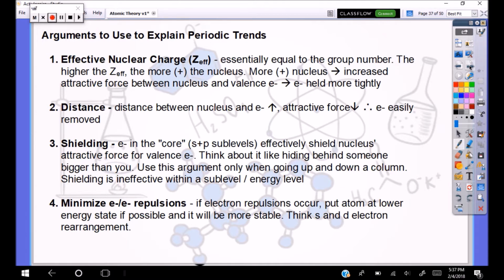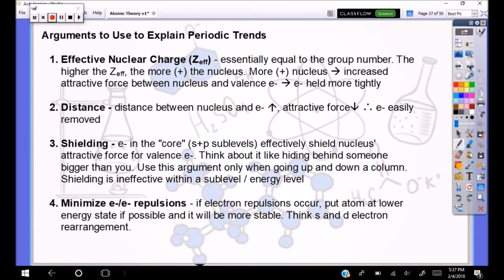If the positives already have a pretty good attraction for the full levels, it's going to be really hard to have additional attraction for things that are furthest out or shielded in that sense. This is a good argument when you're talking about going up and down a column.